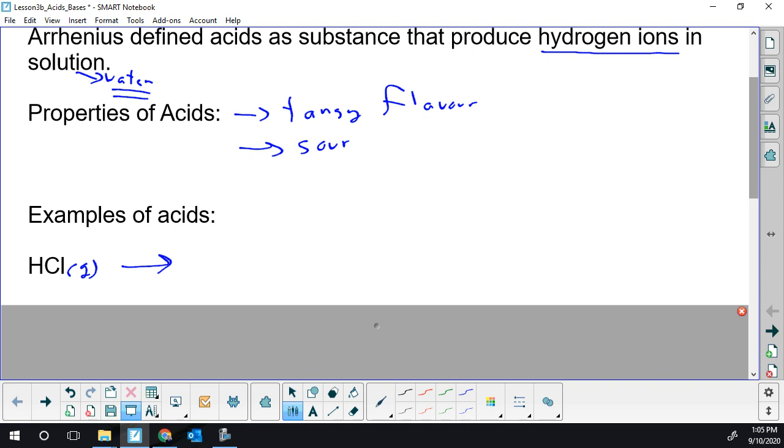You get that because it's one of those molecules that can produce H+ in solution, Arrhenius' definition. So this is a gas, you bubble it through water, and now it's surrounded by water, the solvent. And you get Cl-, chloride.